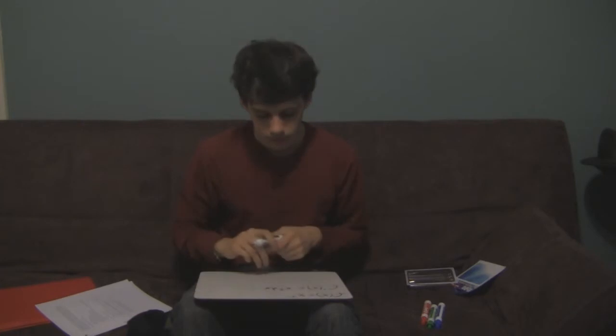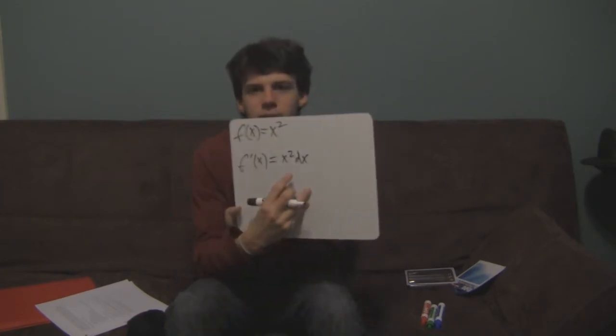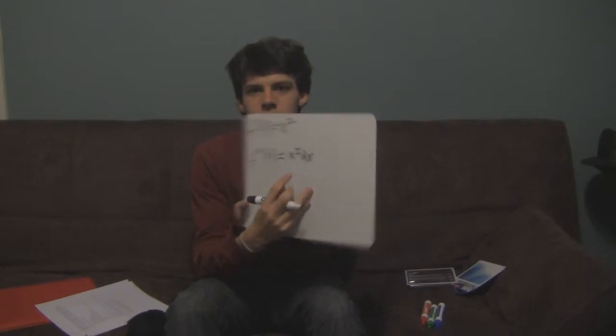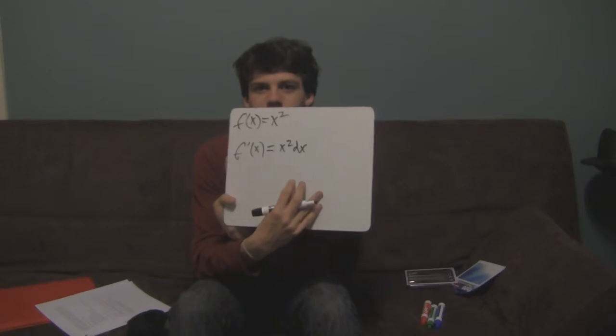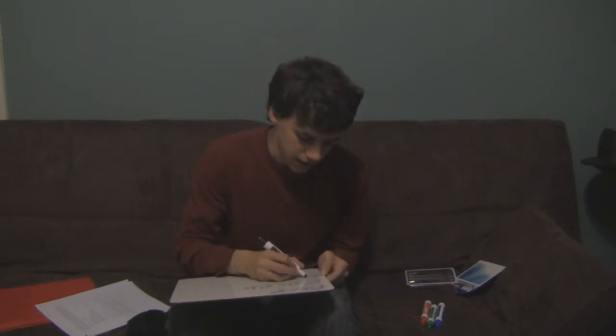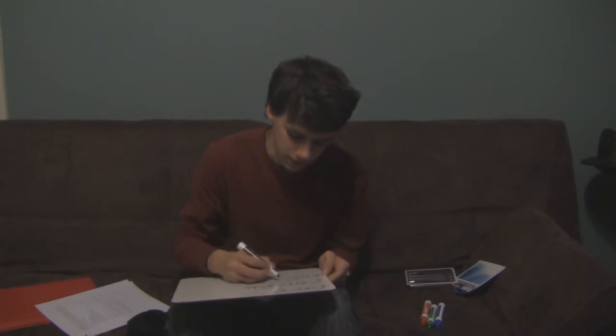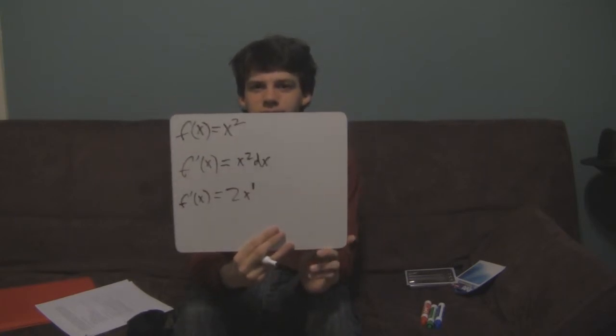And all you would do is take the exponent from the x, minus 1 from the exponent, and then bring the number that the exponent is down in front of the x. So you would have f prime of x equals 2x to the 1, and then that magically gets rid of the dx. Okay?